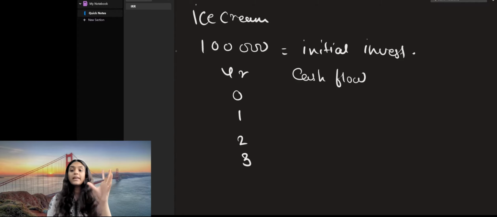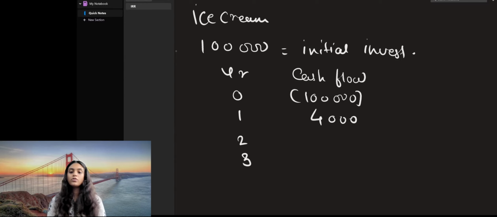So now you're investing 1000 rupees, correct? Oh, sorry, 1 lakh rupees, correct? So 1 lakh will be your outflow. So you will consider it as negative. And for example, you are getting returns of 4000 rupees every year.